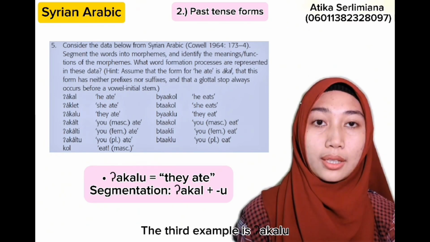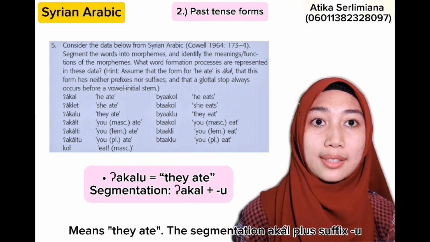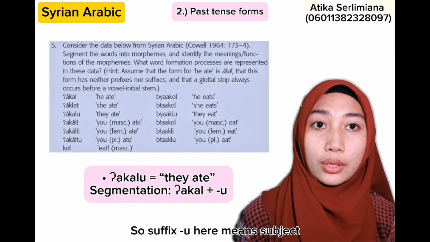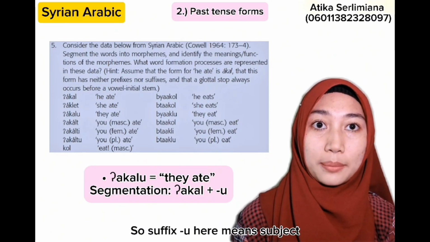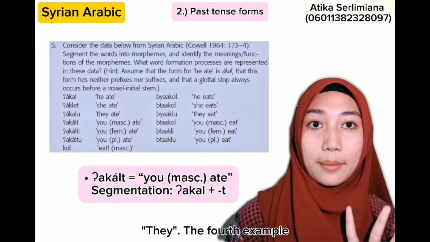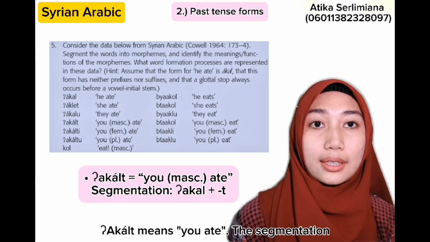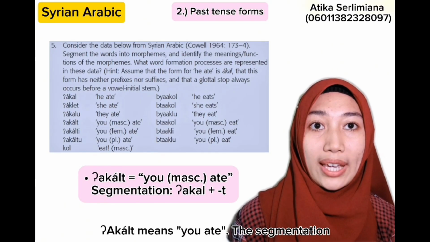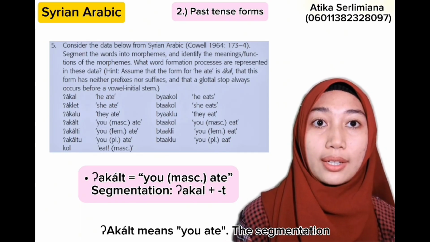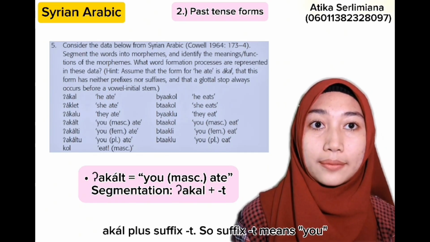The third example is akalu, means they ate. The segmentation: akal plus suffix u. So suffix u in here means subject they. Fourth example, akalt, means you ate. The segmentation: akal plus suffix te.